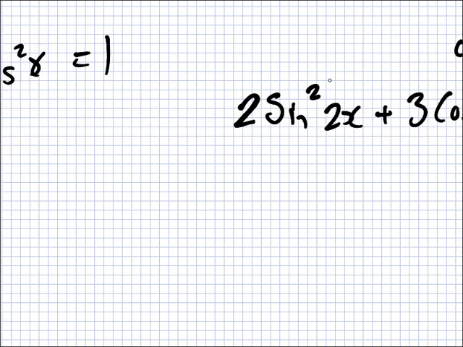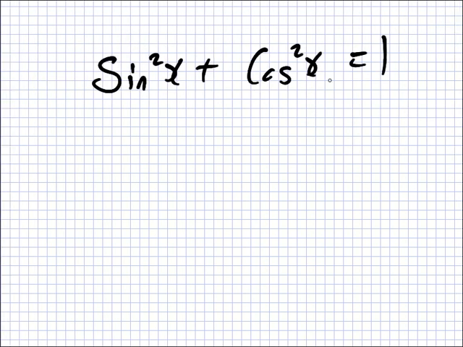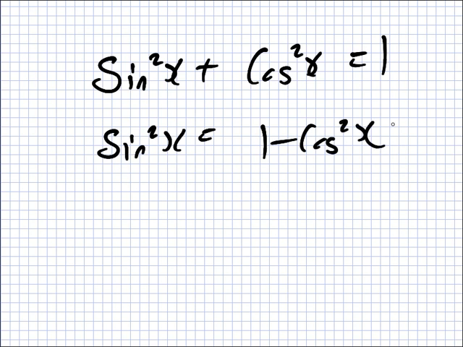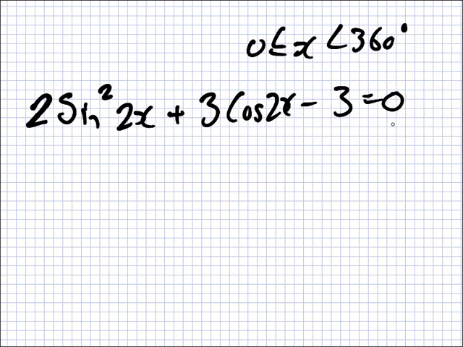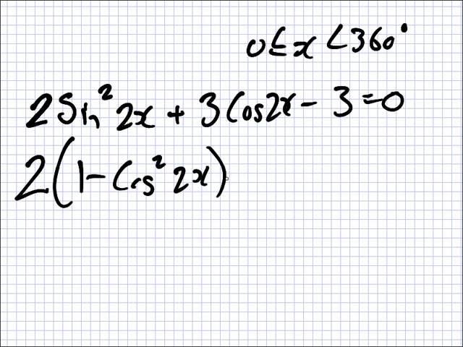What do I need to do? Well, if I use this rule, I can say that sine squared will equal 1 minus cos squared. Now that's useful, because what can I do here? I can change this into 1 minus cos squared 2x plus 3 cos 2x minus 3 equals 0.